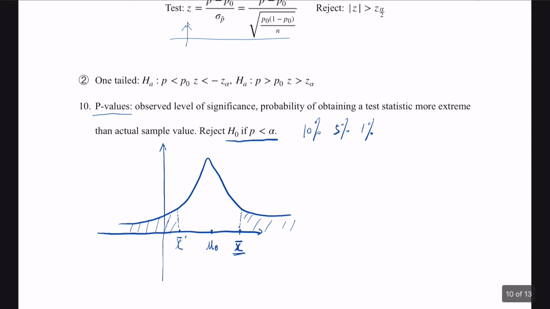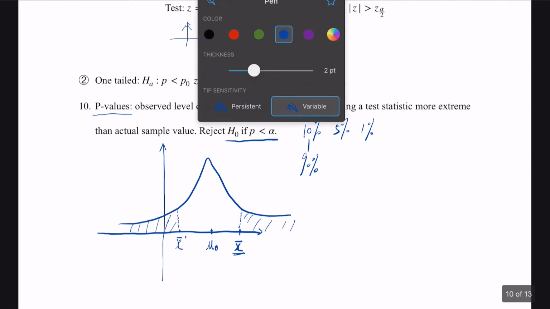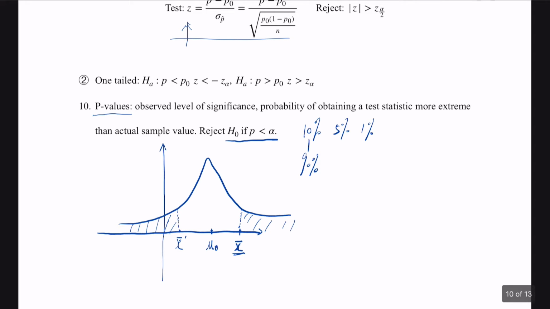If you recall how to construct a confidence interval, for example, if we want to construct a 90% confidence interval, then our alpha is 10%. And let's just say this mu0 is the real mu, and this is the sample we got. So if you construct a confidence interval, let me change the color here. It may look like this. A 90% confidence interval.